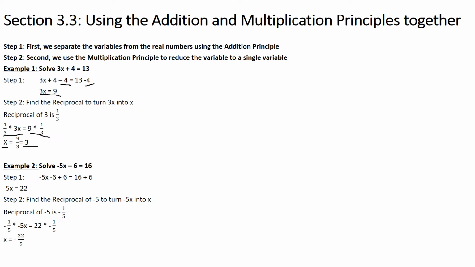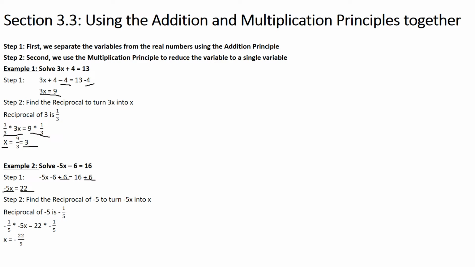Example 2, negative 5x minus 6 is 16, another two-step equation. Let's get the letters on one side, numbers on the other. So I'm going to move that negative 6 by adding 6 to both sides. So that leaves me negative 5x minus 6 plus 6, simply leaving negative 5x on the left, and on the right, 16 plus 6 is 22.